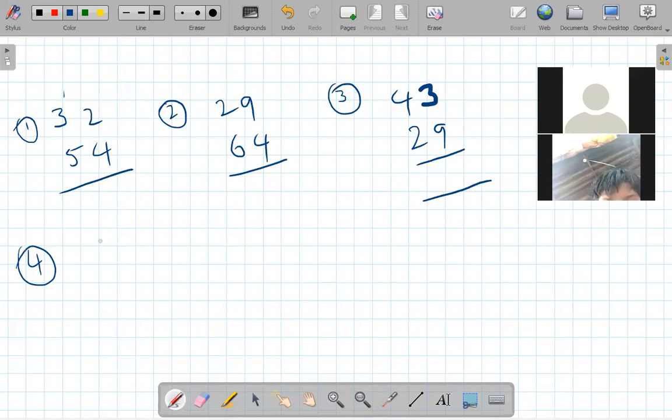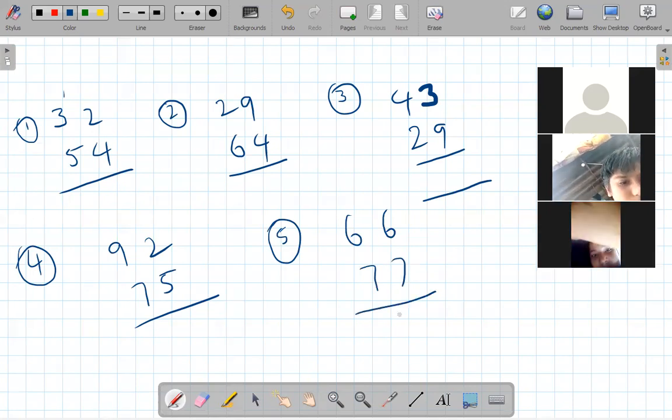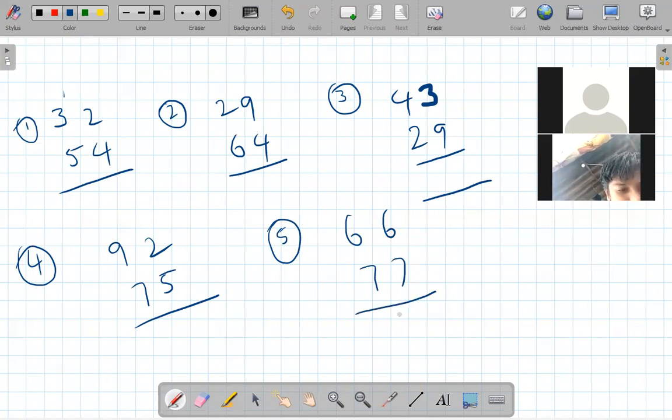Fourth one, 92, 75. Fifth one, 66, 77. So just complete all these problems, and you post your answers. You can post in the group.